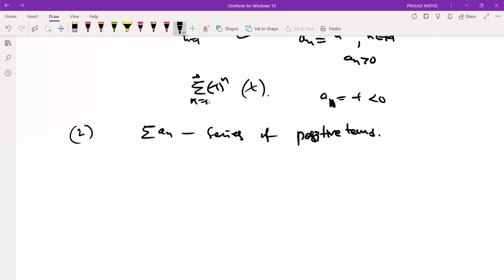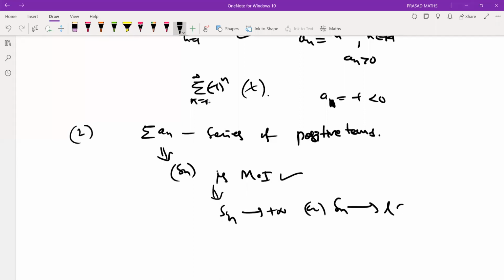The corresponding partial sums form a monotone increasing sequence. We have seen Sn plus 1 minus Sn. Sn is equal to, we have seen the proof, a1 plus a2 plus a3 plus up to an. Therefore, Sn plus 1 minus Sn is an plus 1, but an plus 1 is positive. Therefore, it is monotone increasing. Therefore, either it diverges to plus infinity or it converges to a real number. That means there is no other option అన్నమాట.